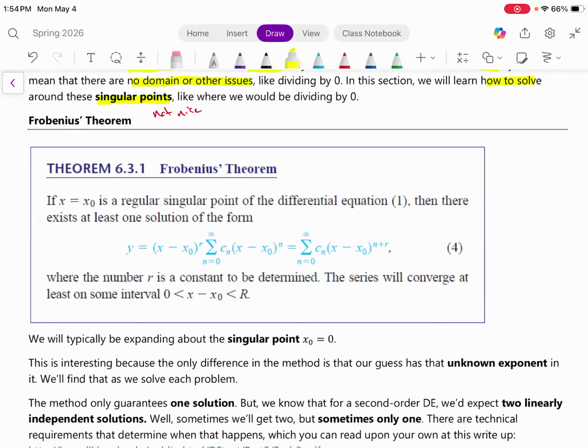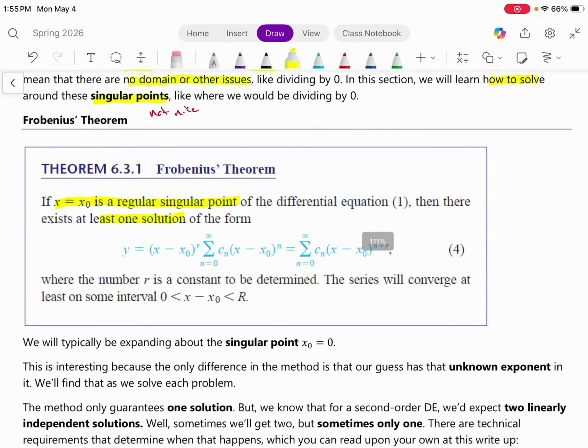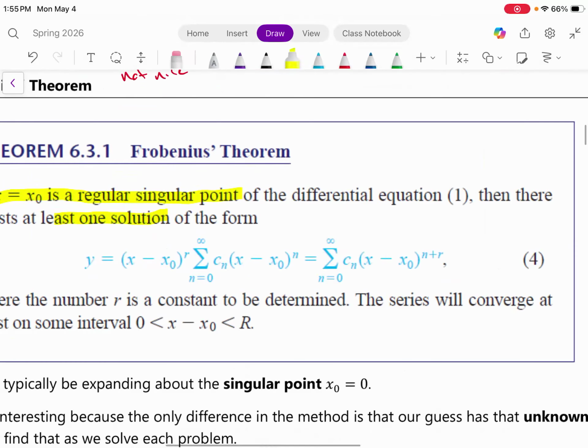So if x naught is a regular singular point of the differential equation, then there exists at least one solution of the form y equals (x minus x naught) raised to the r, times the power series sum of c sub n times (x minus x naught) raised to the n. So we're at least guaranteed one solution of this form, at least just one solution.